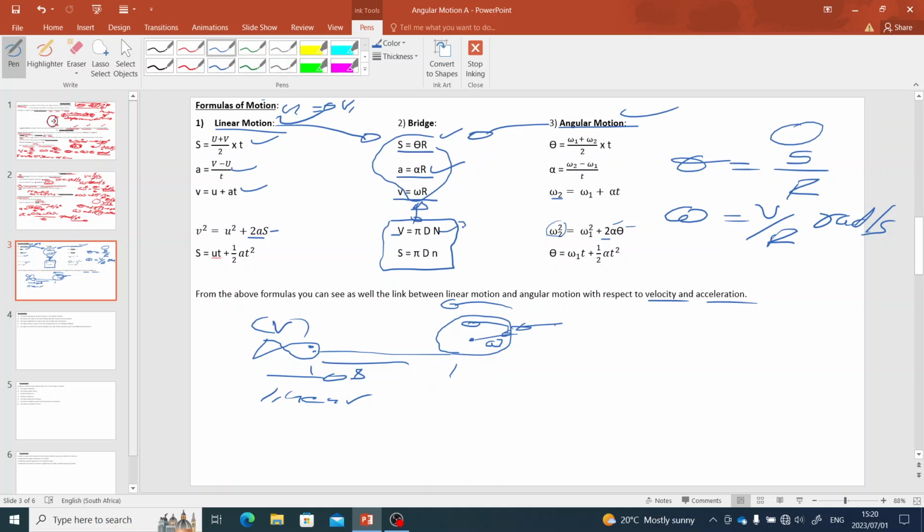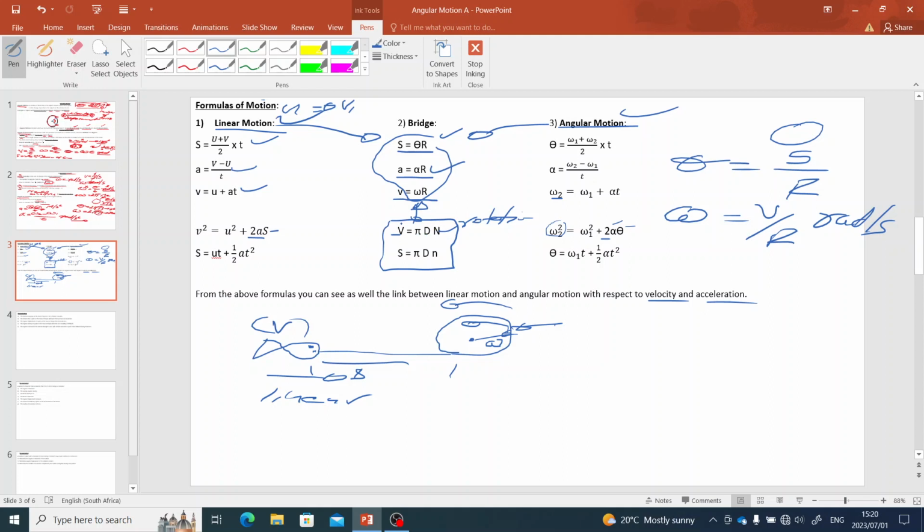The N there is the rotational frequency, don't forget, rotational frequency. This N is always associated with speed. If you are given this N and they want you to calculate the linear velocity, then it will be pi multiplied by d multiplied by rotational frequency.